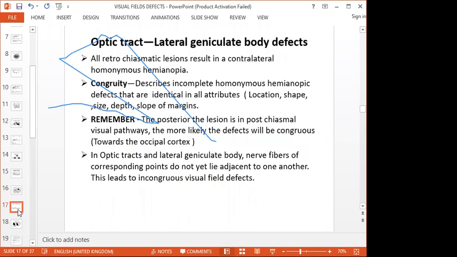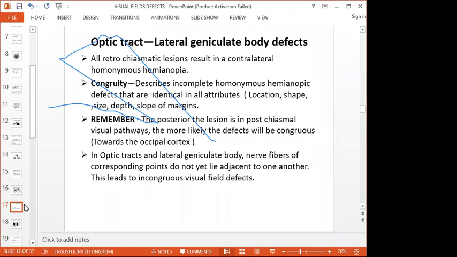Optic tract lateral geniculate bodies defects. All retrochiasmal lesions result in a contralateral homonymous hemianopia. What is contralateral? If the lesion on the optic tract is here, the field defect is there, contralateral.